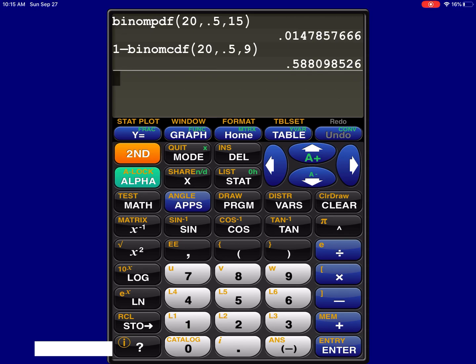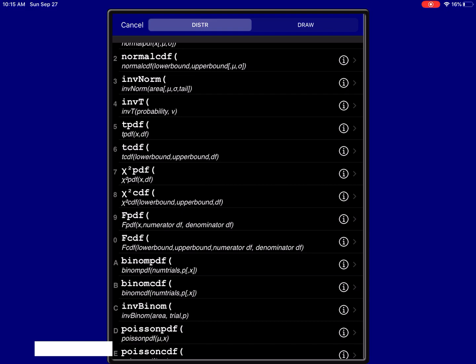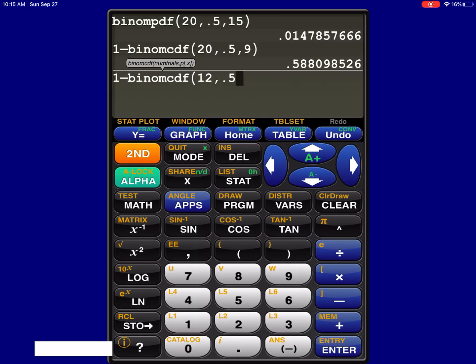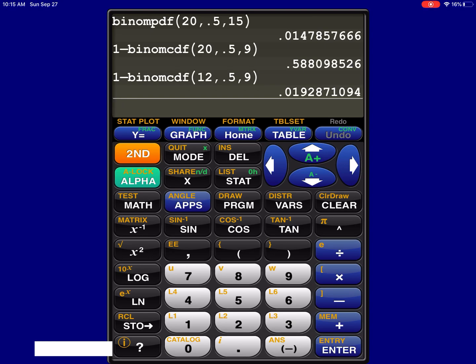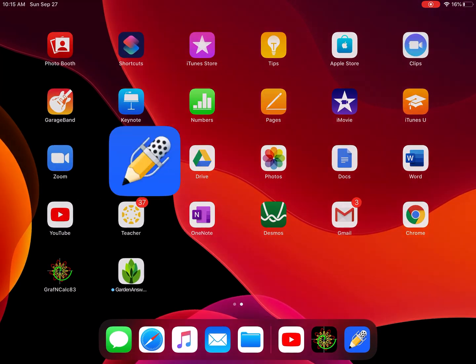What did I do wrong here? Binomial CDF, oh, that's not 20 but 12. I think I did that wrong. 12 questions, 0.5, and then 9, so that gives us about 2%. So that's less than 5%, therefore it's unlikely.